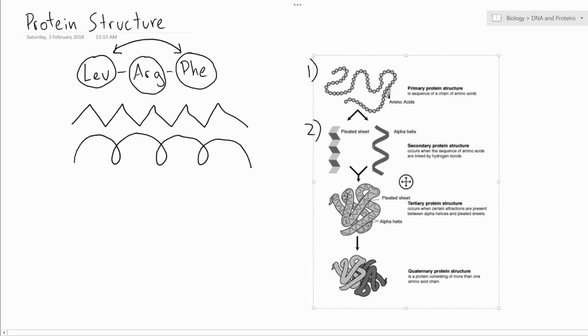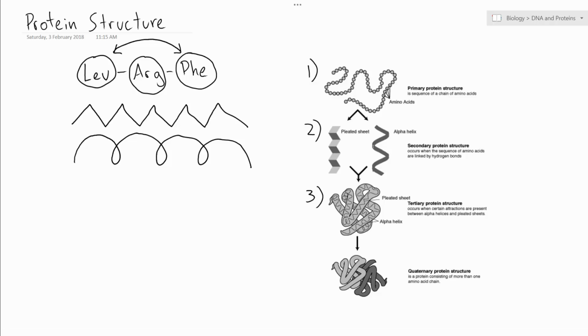The third level, or tertiary level of protein structure, pictured there, is once a polypeptide has formed a pleated sheet or a helix or a combination of the two, a secondary structure. We can then see further attractions between parts of that structure which will form this three-dimensional bending and twisting, so that we start to get a more complex and more specific shape.